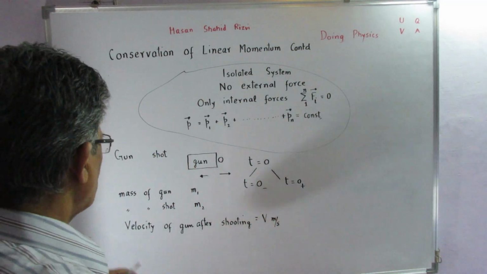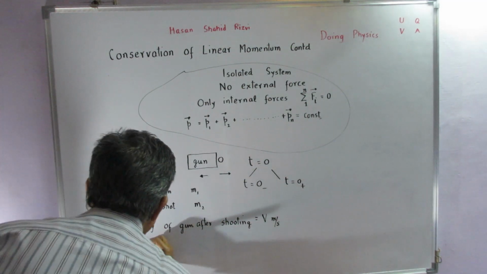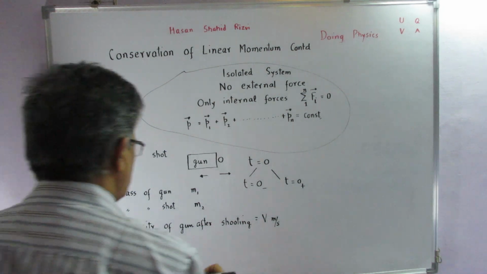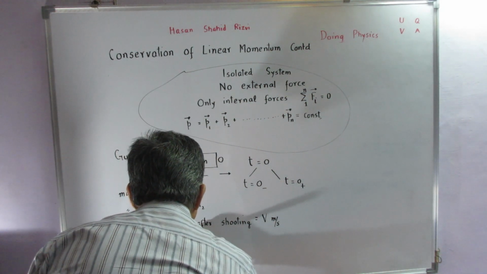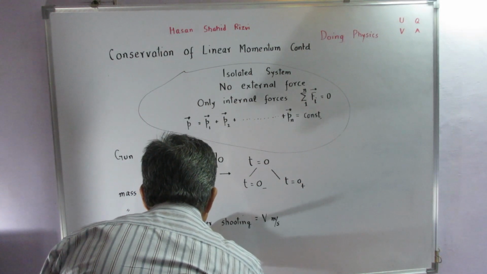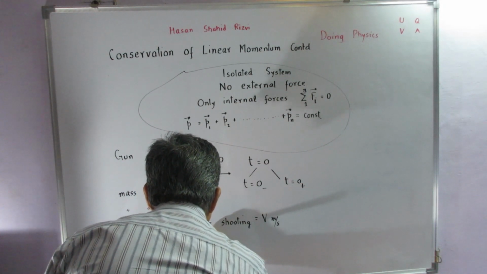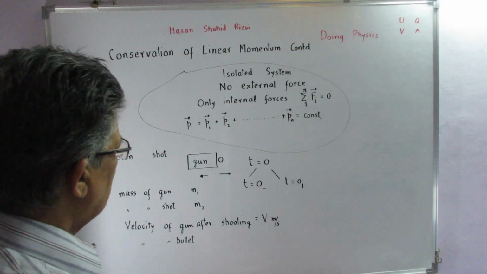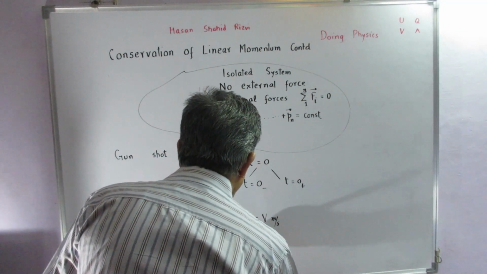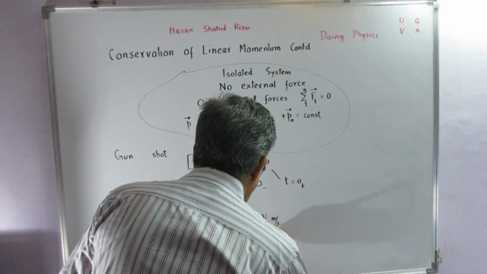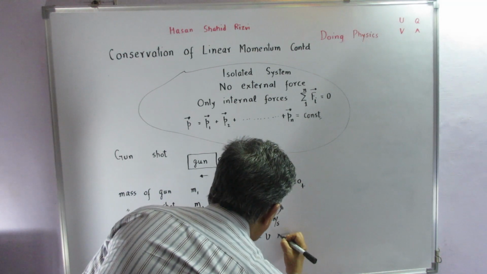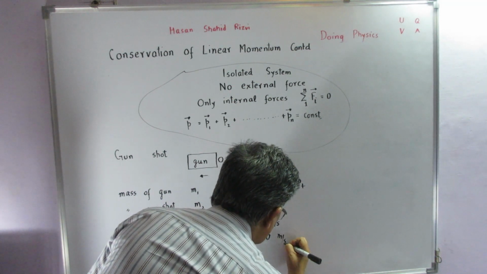And the velocity of the shot or bullet, as it leaves the nozzle of the gun, after shooting, let it be equal to small v meters per second.